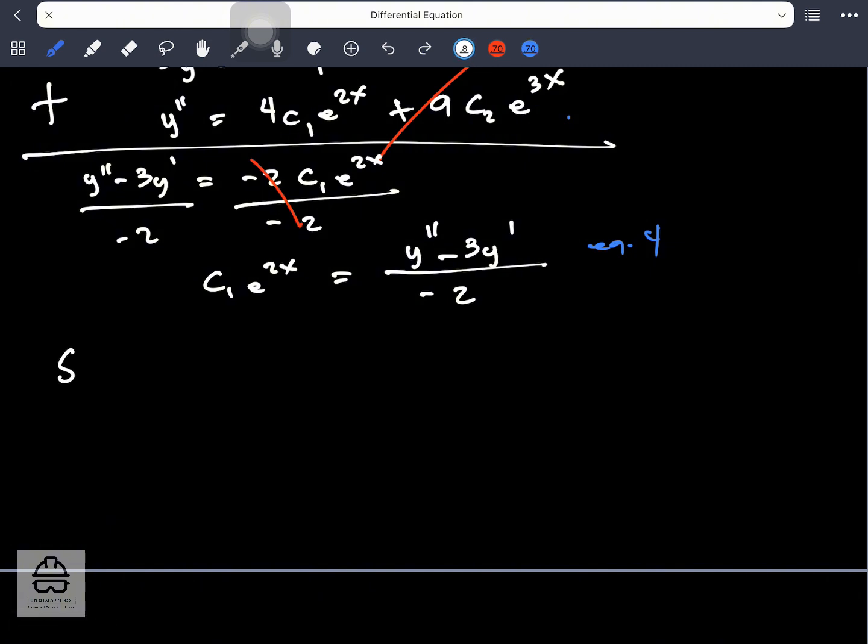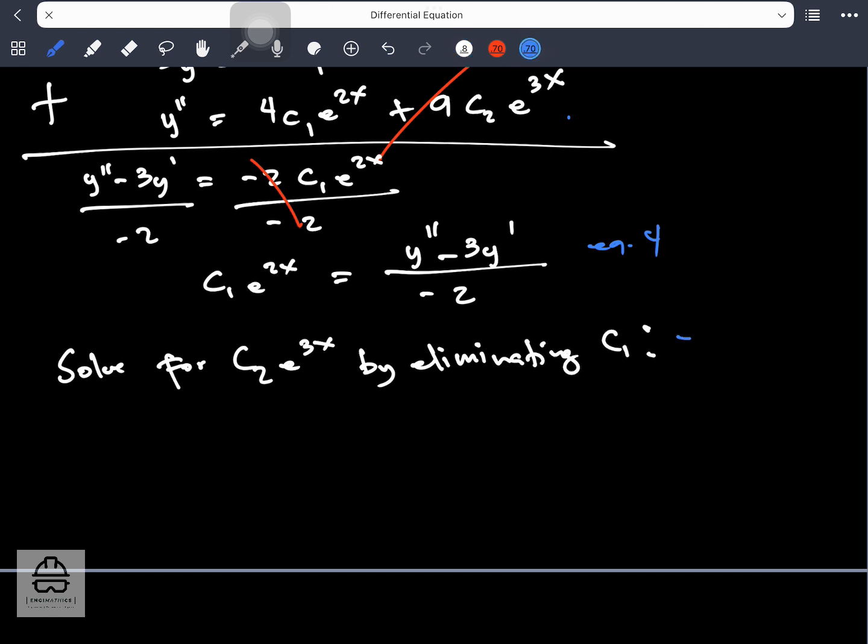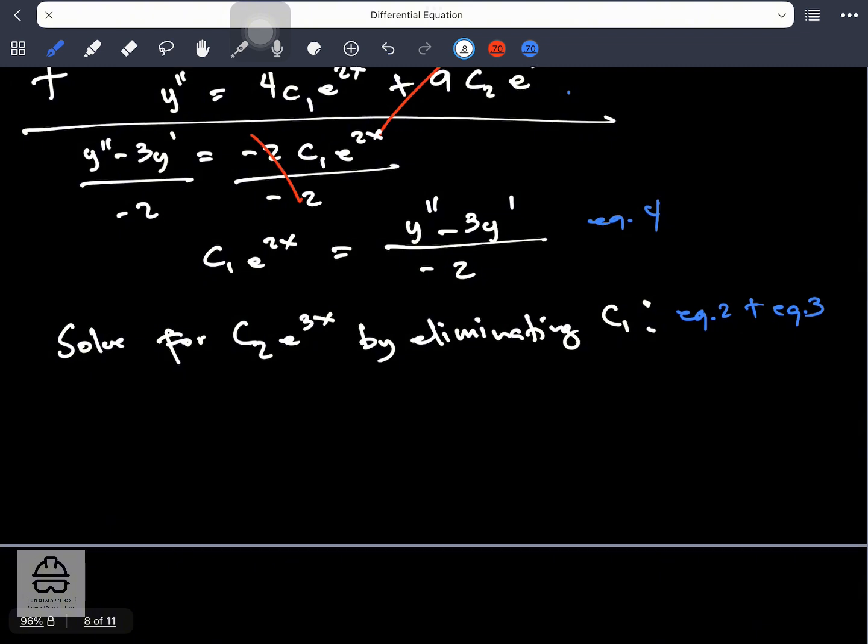Next, we will solve for c sub 2 e raised to 3x by eliminating c sub 1. Okay? So, we will use again equation number 2 plus equation number 3. Okay. So, equation number 1, that would be 2 times c sub 1 times e raised to 2x plus 3c sub 2 e raised to 3x.